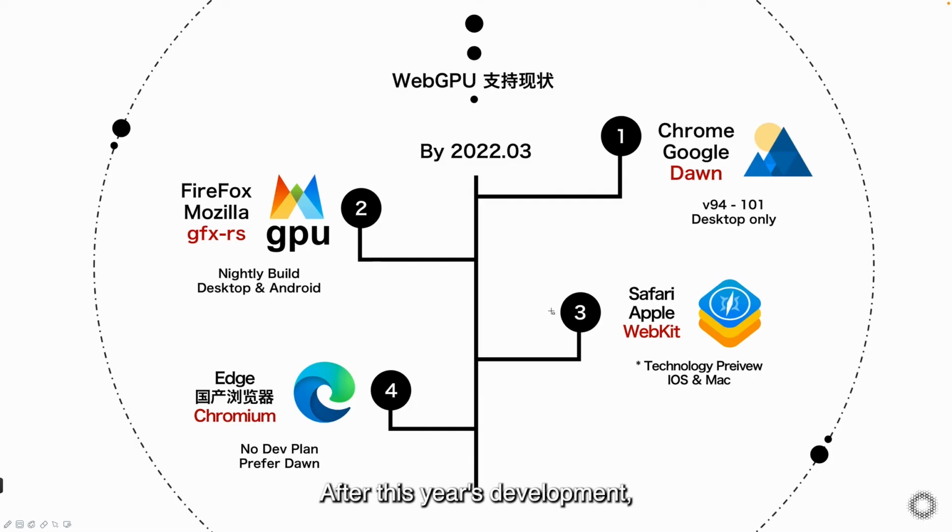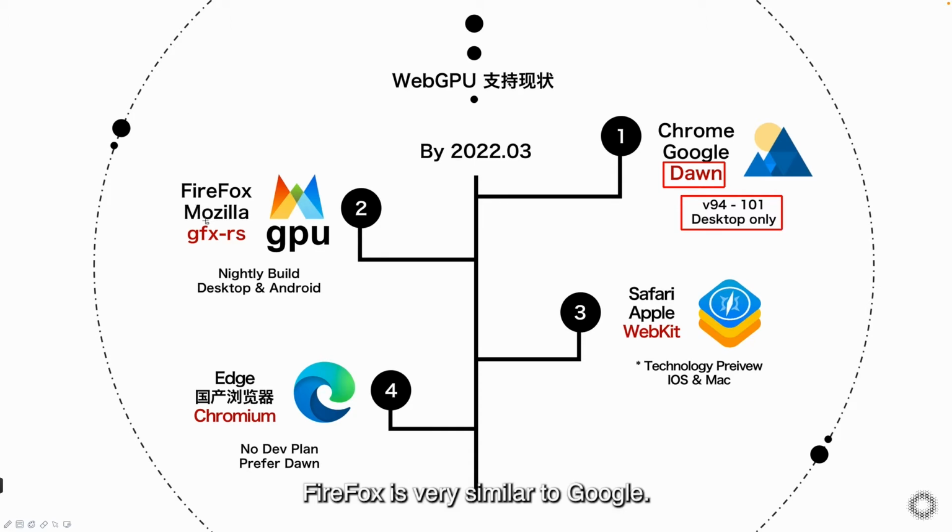After this many years of development, the question is how WebGPU is supported in the major browsers. Until March 2022, Google, benefiting from its own open source project Dawn, adapted WebGPU to Chrome very early. So far, from Chrome version 94 to the latest version 101, they have provided GPU support on the desktop side.